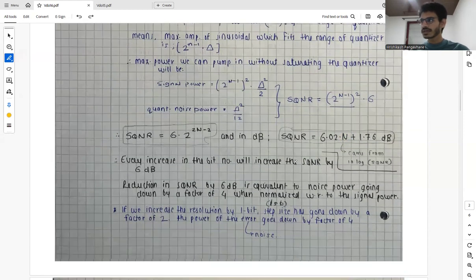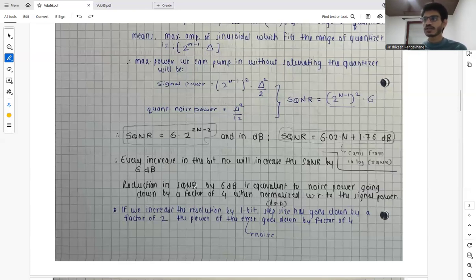We'll see how. So this sentence makes sense, right? The reduction in SQNR by 6 dB is a reduction by a factor of 4. If it is reduced by a factor of 2, then it's reduced by 3 dB. If it is reduced by a factor of 4, then it's reduced by 6 dB, which is equivalent to the noise power going down by a factor of 4.